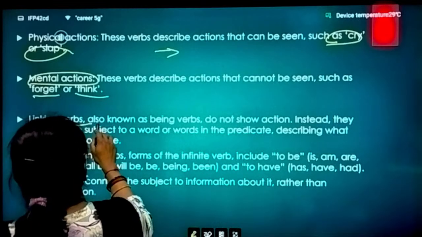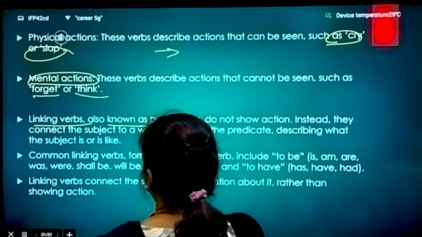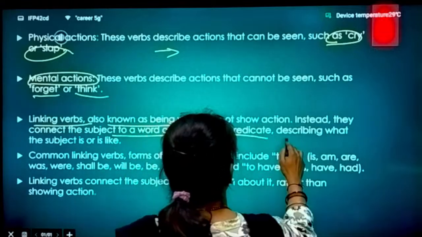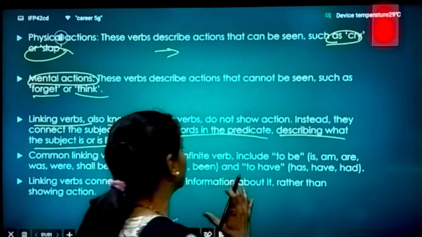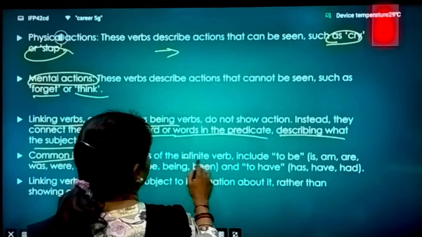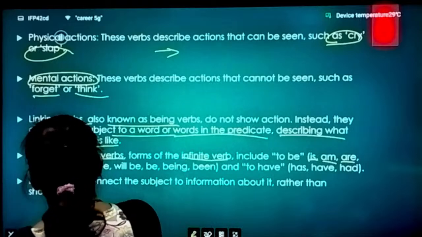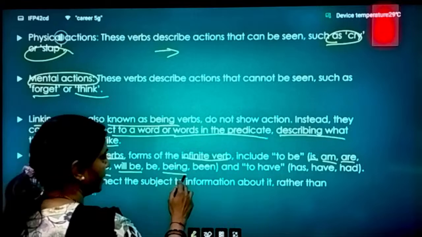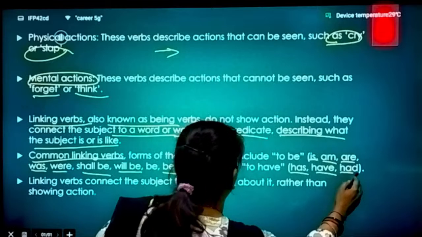Linking verbs, also known as being verbs, do not show action. Instead, they connect the subject to a word or words in the predicate, describing what the subject is. When I give the example, you're going to be very clear. The common linking verbs, forms of the infinitive verb, include to be, is, am, are, was, were, shall be, will be, being, been, and to have, like has, have, had.